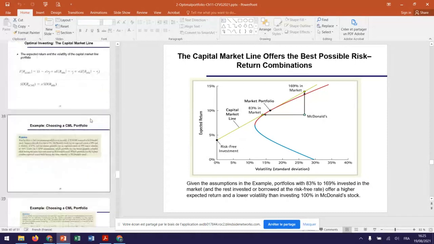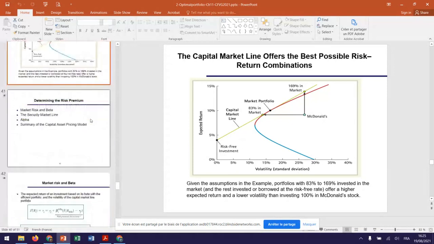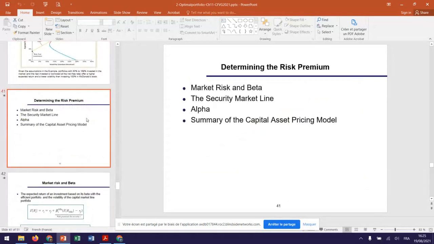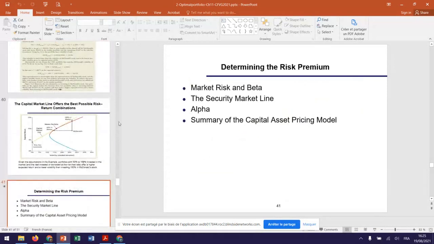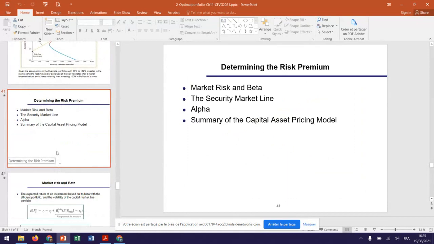The CML, which is the capital market line, allows us to develop a theory related to what we call the CAPM, the capital asset pricing model, that allows us to determine the risk premium of an investment in a stock.